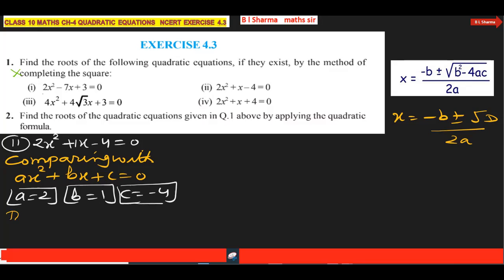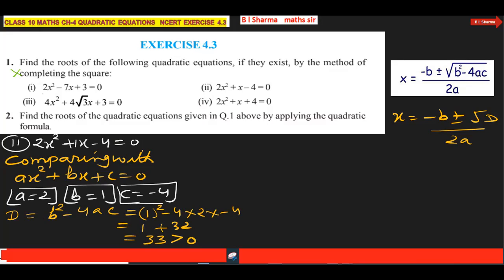The discriminant is given by b square minus 4ac, that is 1 whole square minus 4 into 2 into minus 4, that is 1 minus minus plus, that is 32, that is 33, and which is greater than 0.